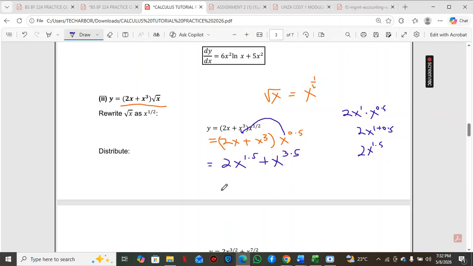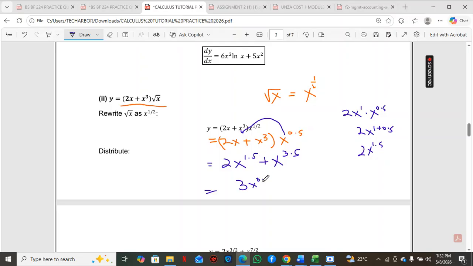Then we can solve. We just derive here. 1.5 times 2, that is 3, x. You subtract a 1 from the 1.5, 1.5 minus 1, that is 0.5.